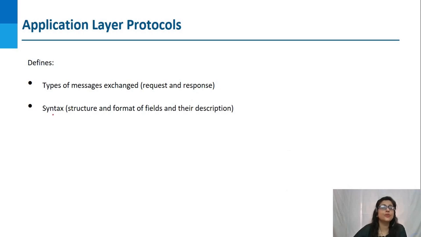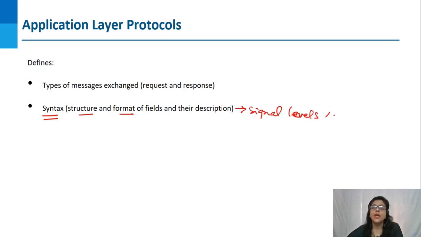Next, it has to define the syntax. What is the meaning of syntax? Syntax means the structure and format of the fields and their description. Basically, it also means the signal levels and the data format, either ASCII or binary or hexadecimal.